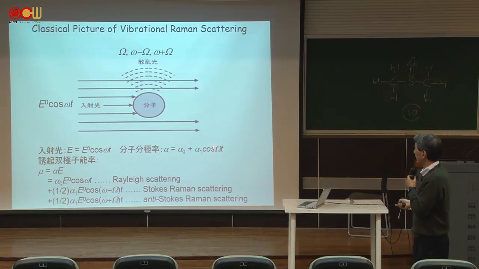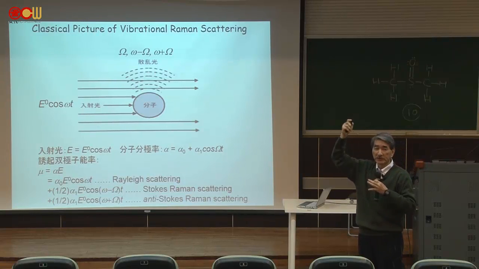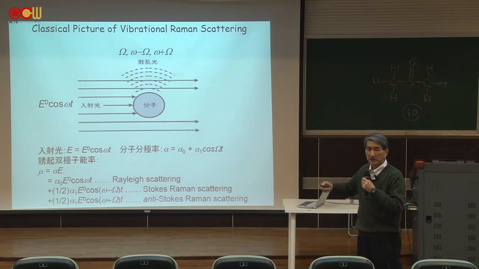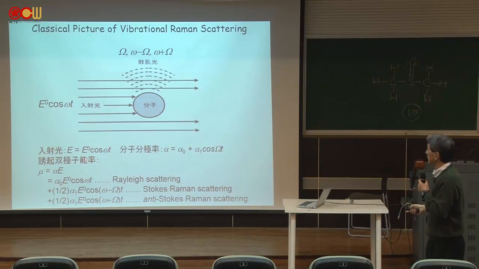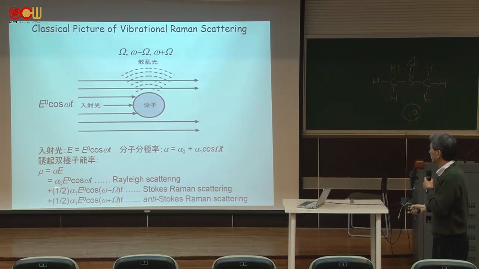And here the large omega is the angular frequency of the vibrating molecule. Okay? So if we introduce this electric field here and this polarizability here, then you have this result.